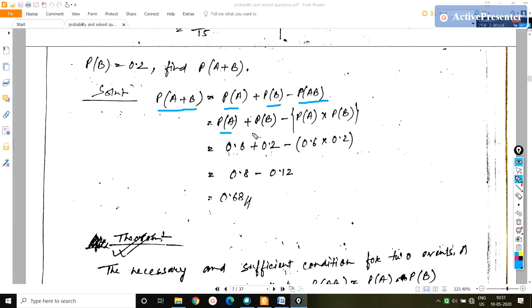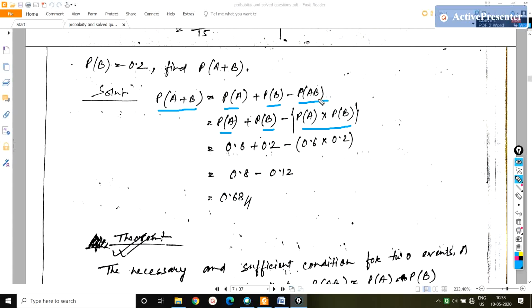P(A) will be provided, P(B) will be provided, and so is the product. Here P(A) was provided as 0.6 in the problem, P(B) was 0.2, so the result is 0.8 minus 0.12, which is 0.68.